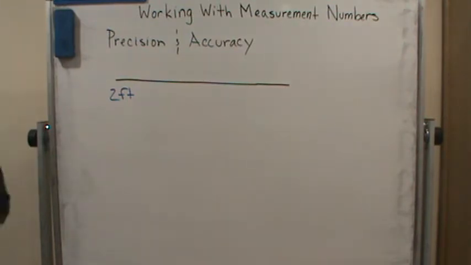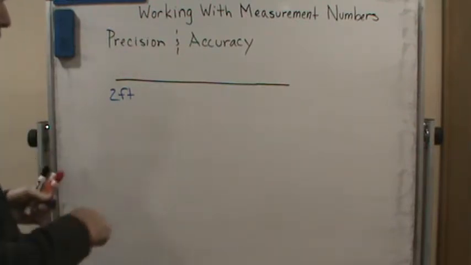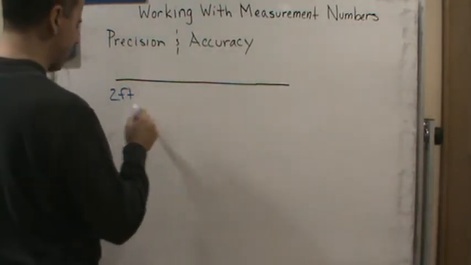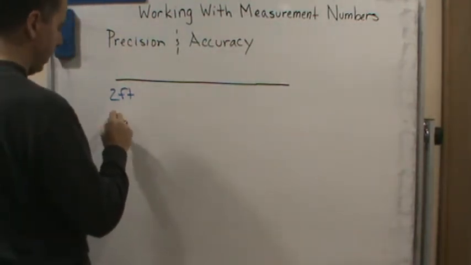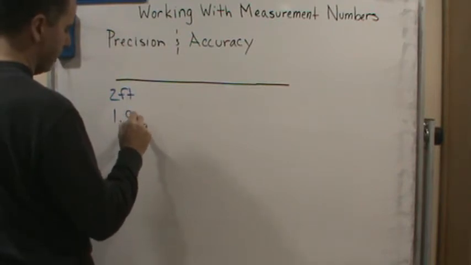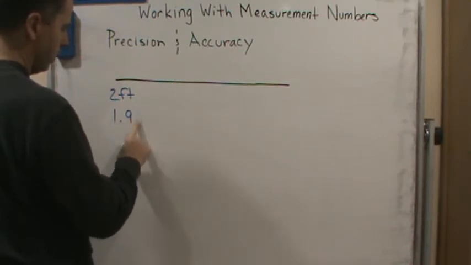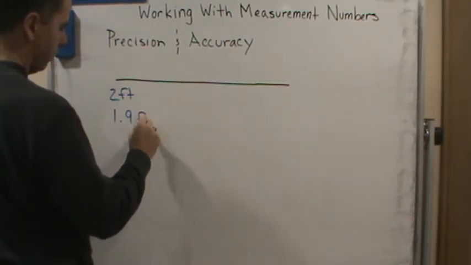Now, but let's say I use something that's more accurate, let's say a tape measure. Using a tape measure, I get 1.9 feet.